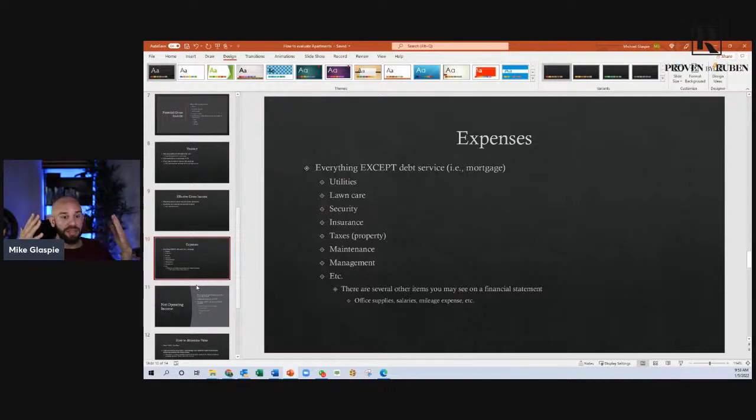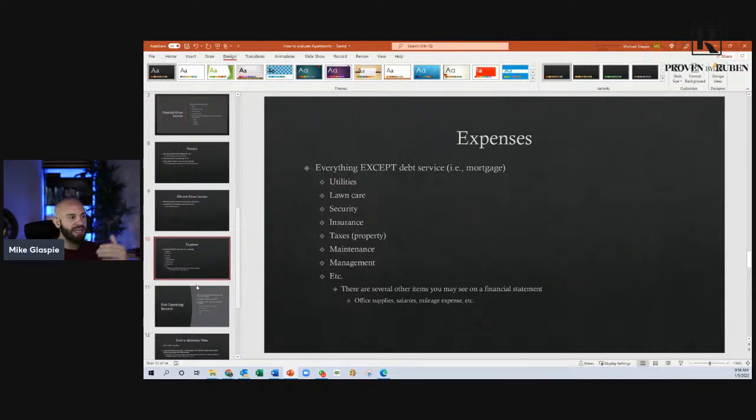So you have to understand that those loans by themselves can completely change the outcome of the financials. So it's not fair for you to put in the debt service and actually think that that is a projection of the property's performance.